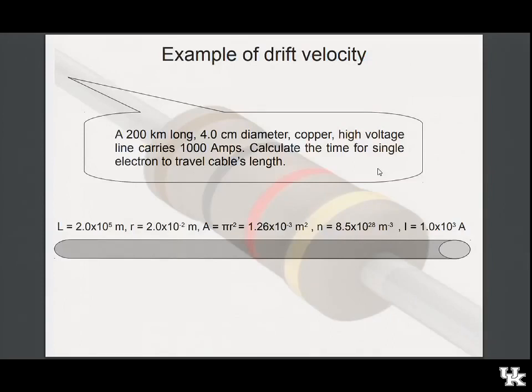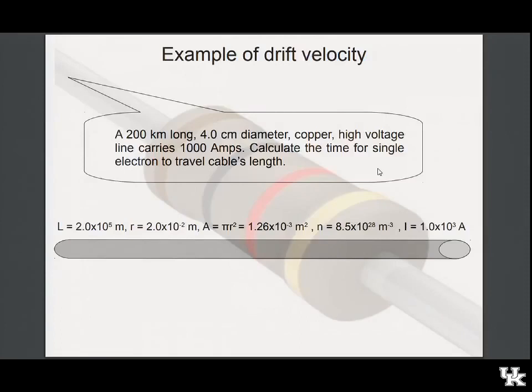What else to calculate for this 200-kilometer section of wire? How long it took an individual electron? Suppose we start watching one electron. How long is it going to take for it to get from one end of the wire to the other end of the wire? So we're just going to calculate that time.